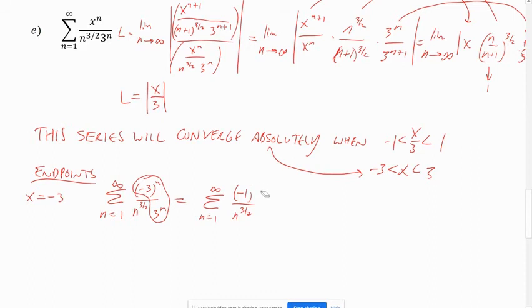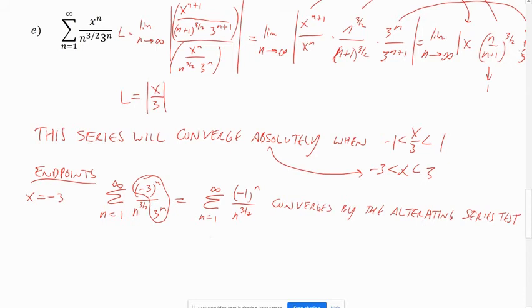And this converges by the alternating series test, because the terms are approaching zero and the terms are alternating.